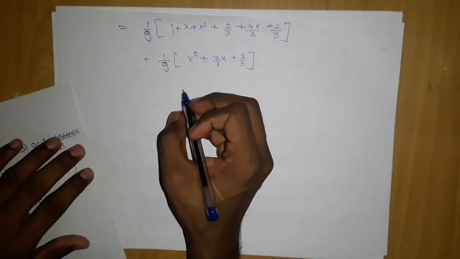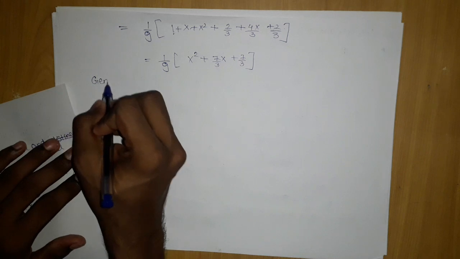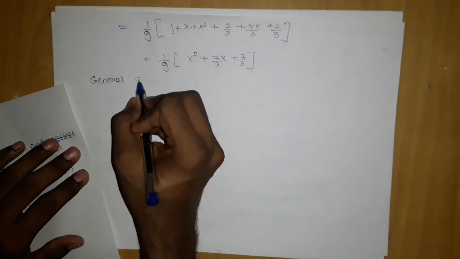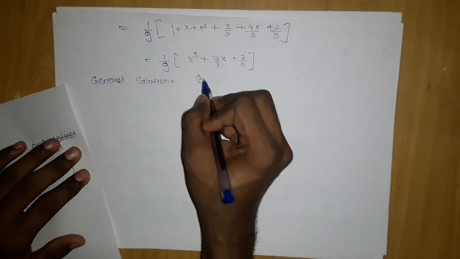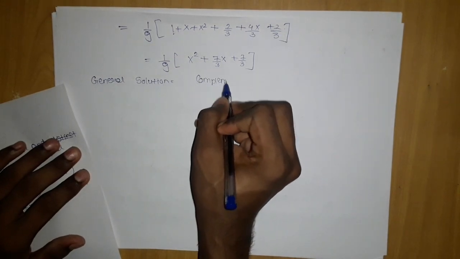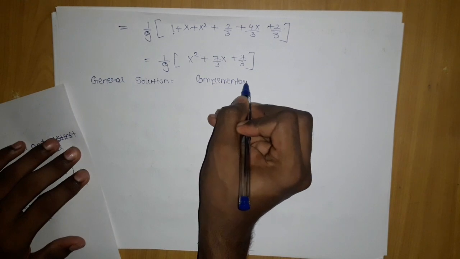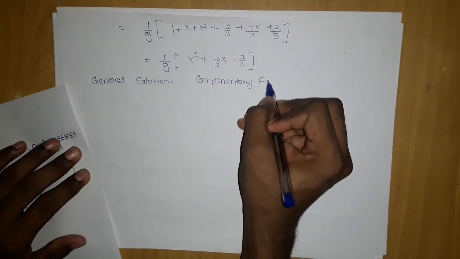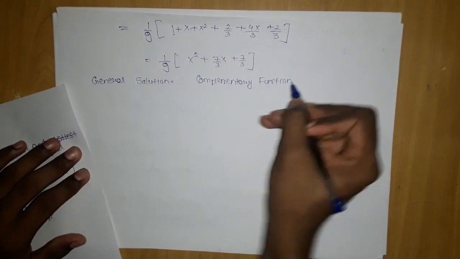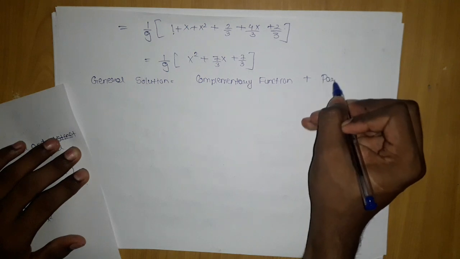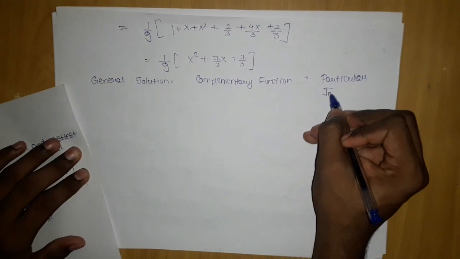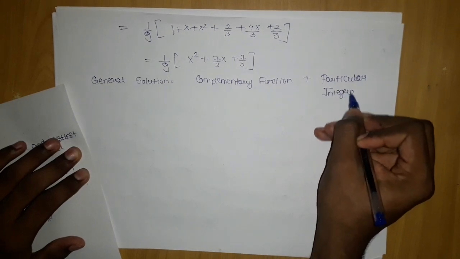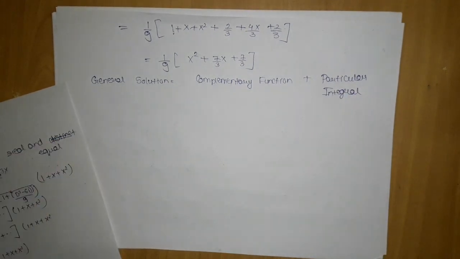After getting this, we can get the general solution. General solution is nothing but complementary function plus particular integral. So we are getting this particular integral.